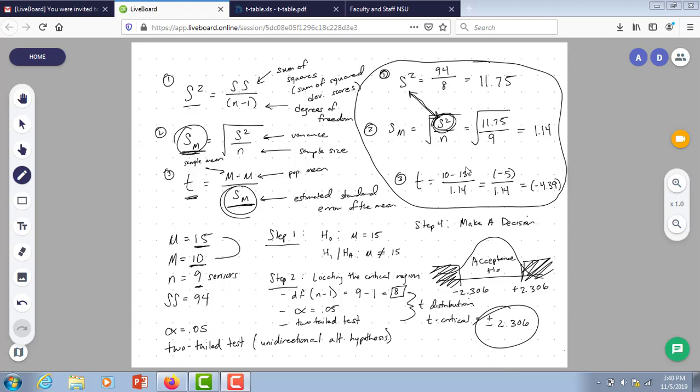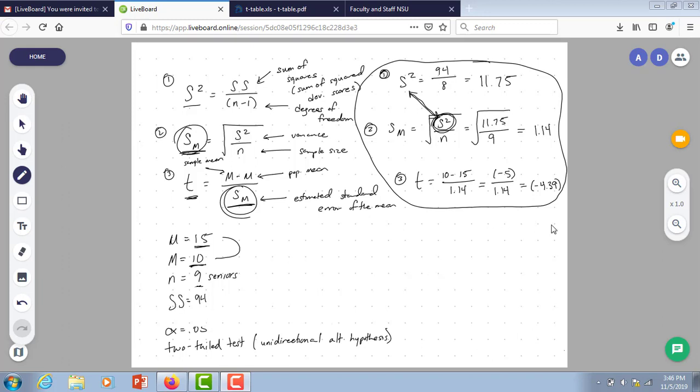We obtained a negative 4.39. That means that our T statistic falls into the region of rejection, and we will be rejecting our null hypothesis, and we will accept this research hypothesis.